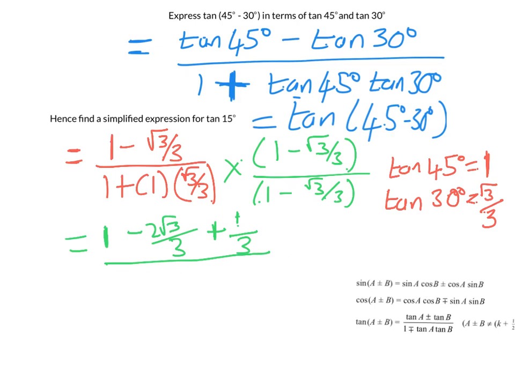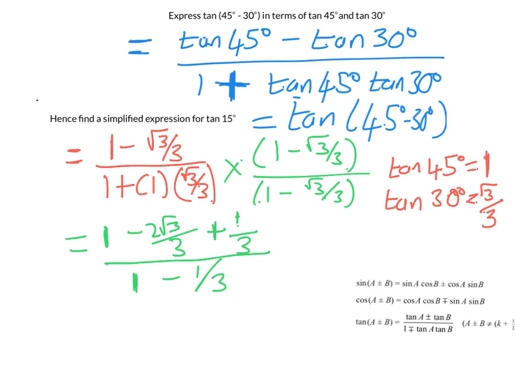And then at the bottom, what happens? Well, we've got 1 times 1. We've got positive root 3 over 3 minus root 3 over 3 gets rid of that. So we've got just 1 minus a third. Let's tidy this up. It's our opportunity now to tidy it up.